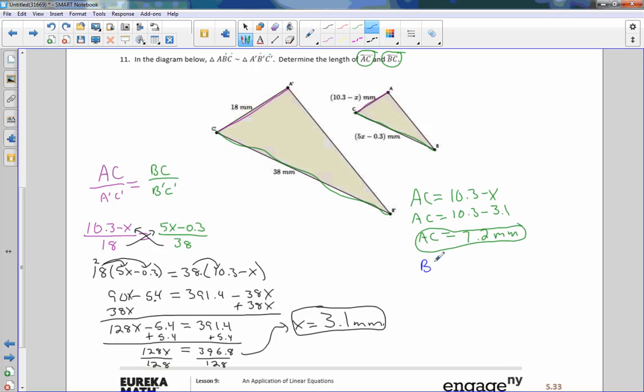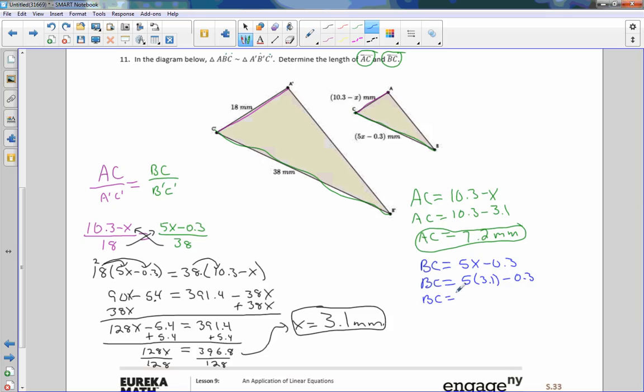So I'd say BC equals 5x minus 0.3. BC equals 5 times my substitution of x, which is 3.1, minus 0.3. 5 times 3.1 minus 0.3.